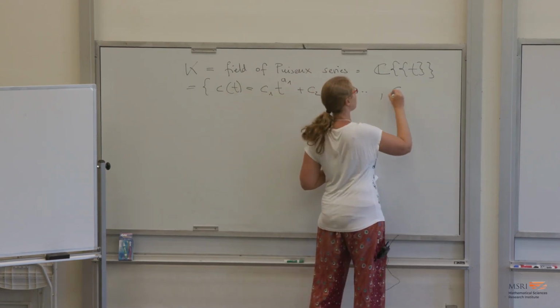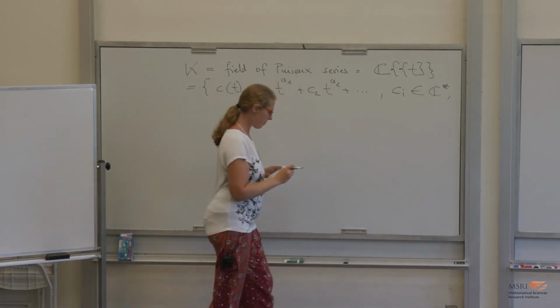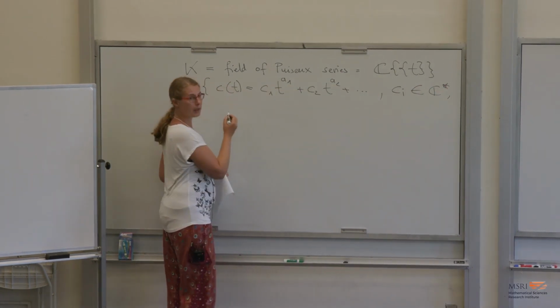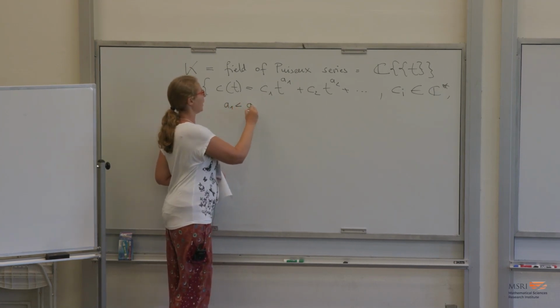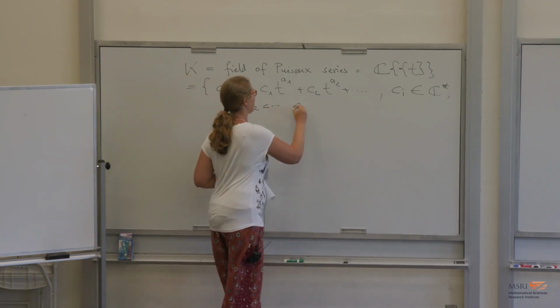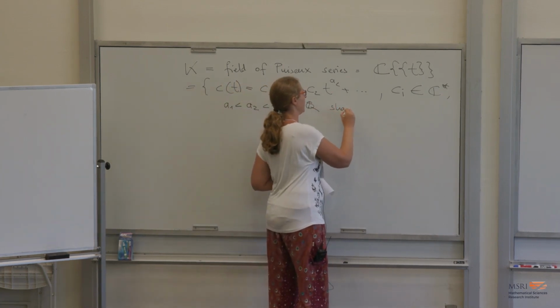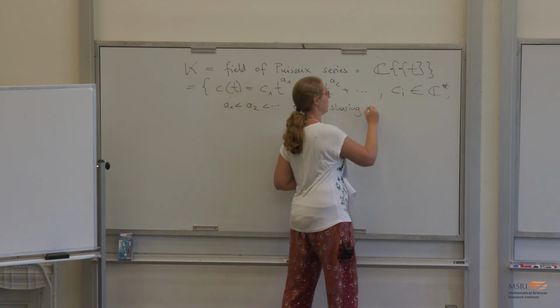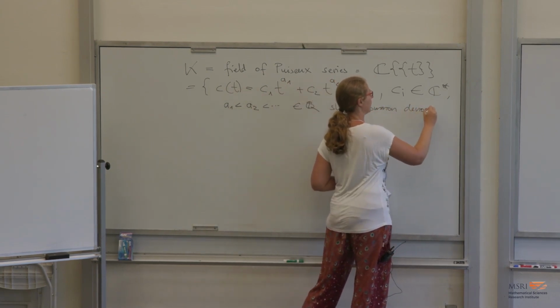And the coefficients are supposed to be non-zero complex numbers. And then this is maybe a bit unusual if you compare to usual power series. The exponents are allowed to be rational numbers, but they need to share a common denominator.